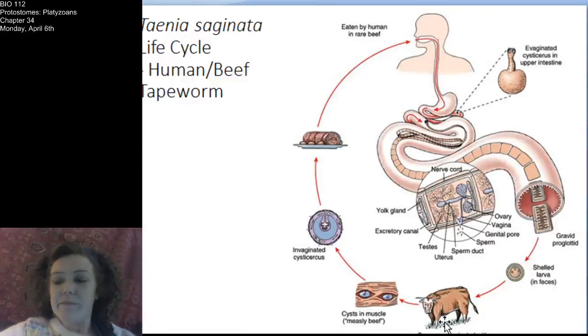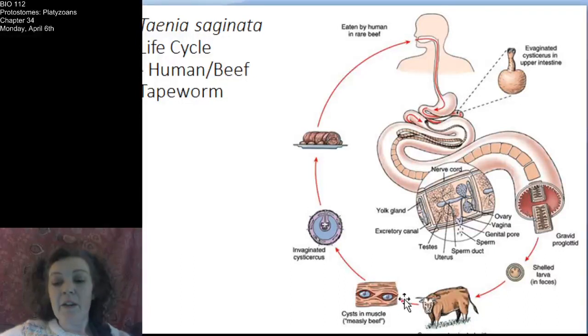Like I said, most of these are more prevalent in places with a lack of good sanitation, because most of this is spread fecally. If you have an area that gets wet a lot and somehow gets contaminated with sewage, and then a cow goes out there and some of the grass has eggs on it, it can take up the larvae.